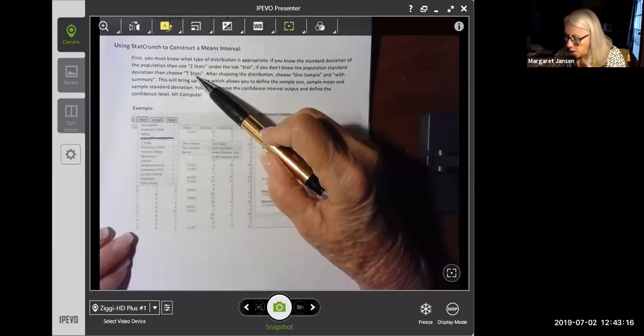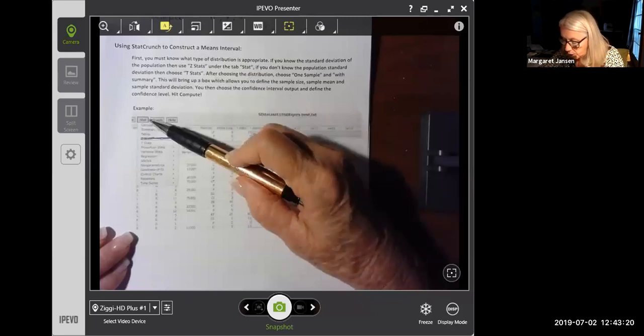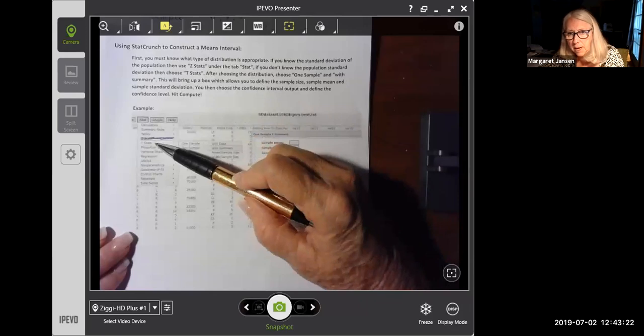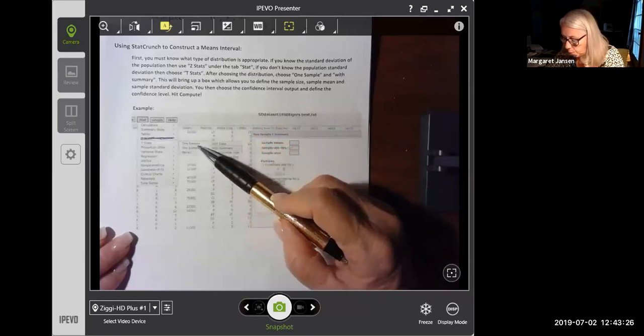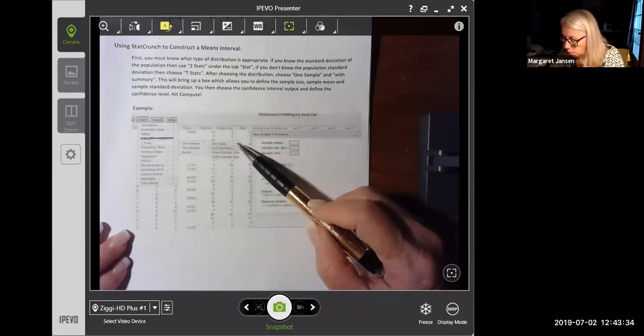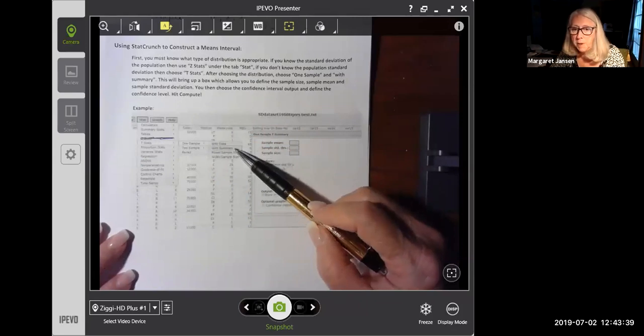You choose t-stats, so you go to Stat, and then you go down to T Stat, okay? And it opens up this window here. You choose one sample. You will never have paired samples or two samples in this introductory course. Then you go over, and normally you will choose with summary, okay? Which means you already know x bar, you know s, you know the sample size.